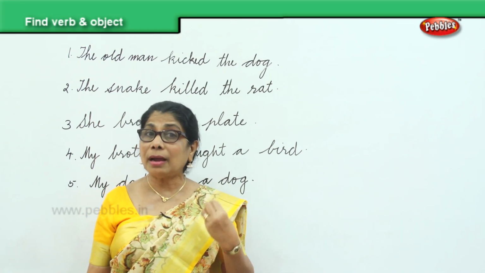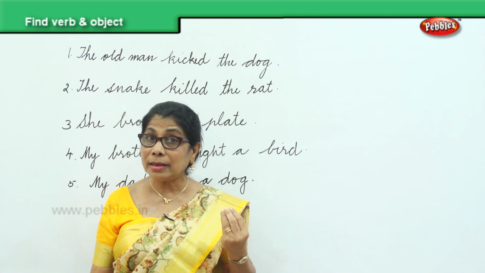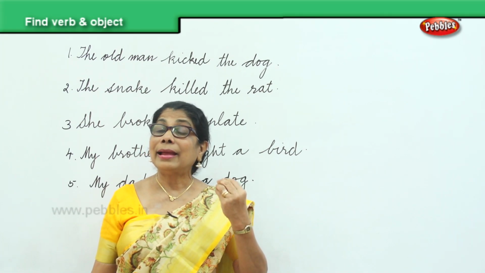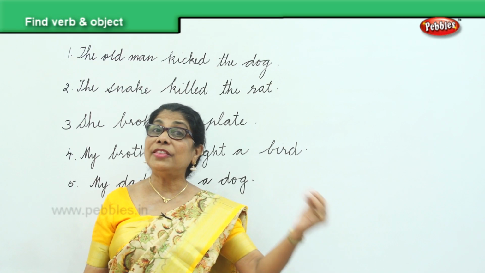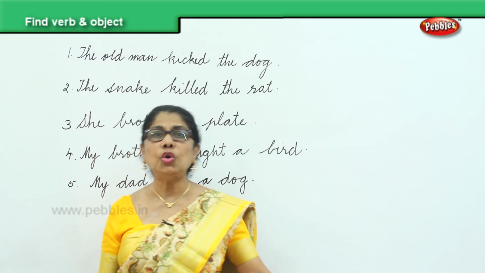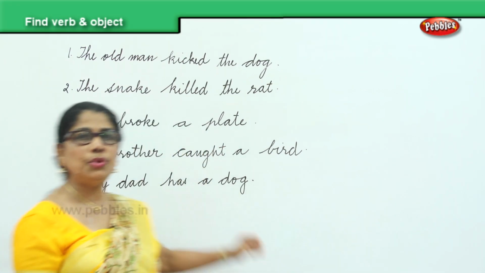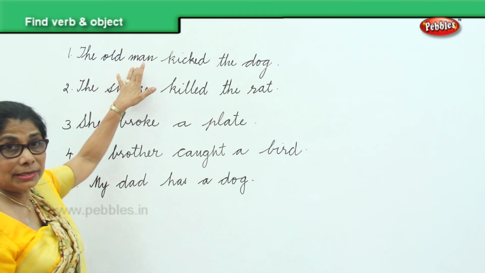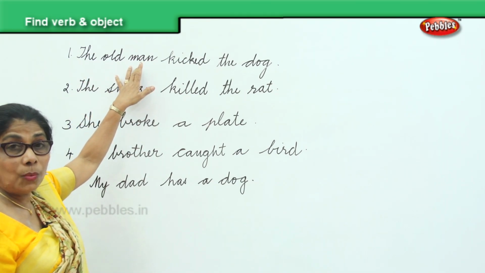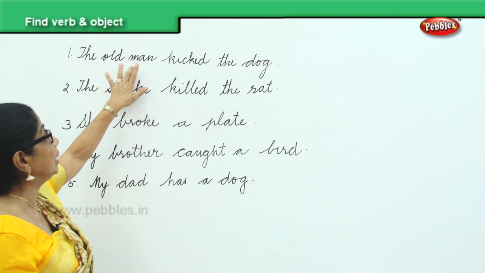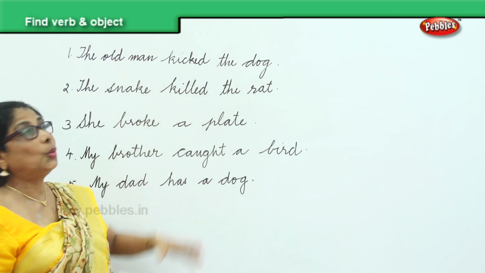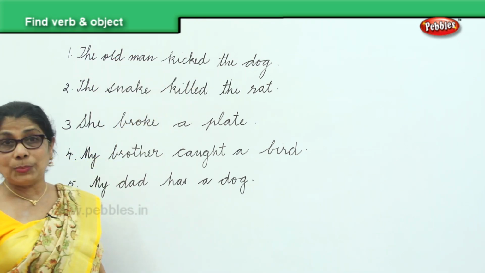Now, you must always remember the verb follows the subject. Since you know the subject is the old man, what is the verb? What is the action he's doing? Kicked.